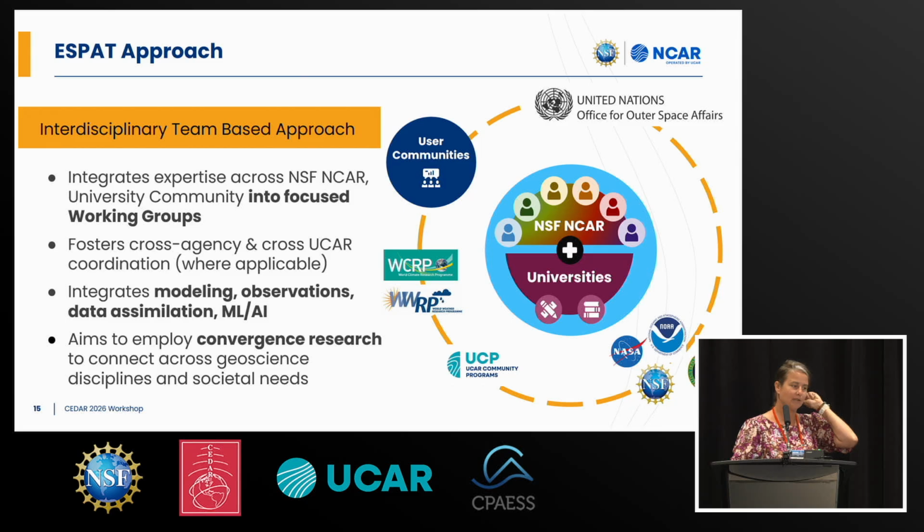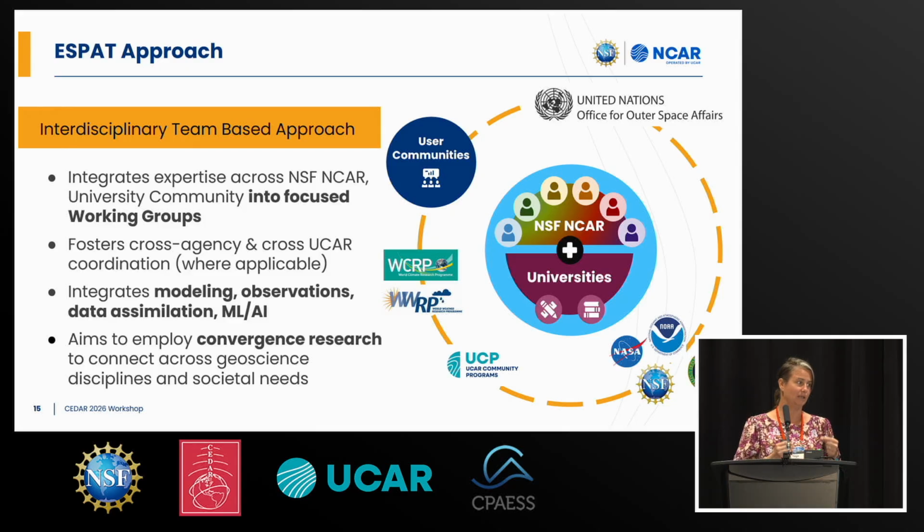All right, so our approach, the ESPAT approach, is a really interdisciplinary, team-based approach. Our goal is to put NSF NCAR scientists on teams together with university researchers on really close working teams, and then also have those teams interact with the broader community, maybe some user communities.